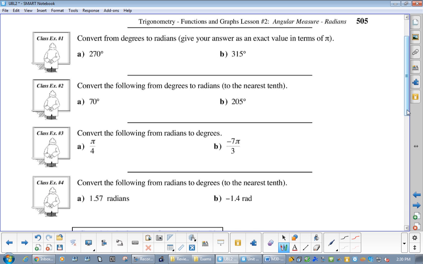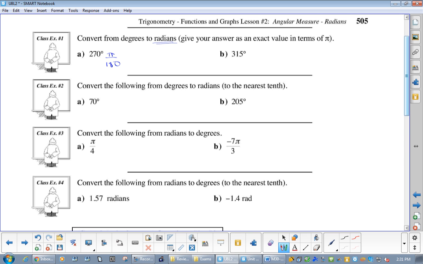Now, 270, what is that on your unit circle in radians? 3 pi over 2. But you don't know your unit circle yet. You look at 270 and to convert, you multiply by pi over 180. Whenever you're going to radians, it will have pi in the answer.